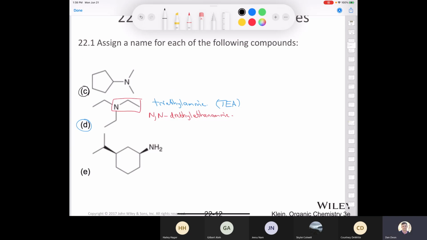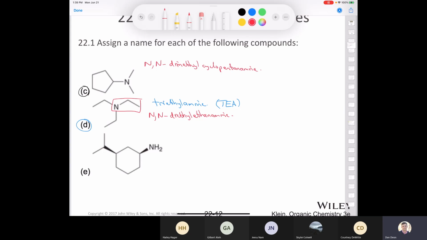This one, you could name this as, if you have this compound, for example, this would be cyclopentanamine. Okay, cyclopentanamine, you get the longest carbon chain here. So we could call this N,N-dimethyl cyclopentanamine.